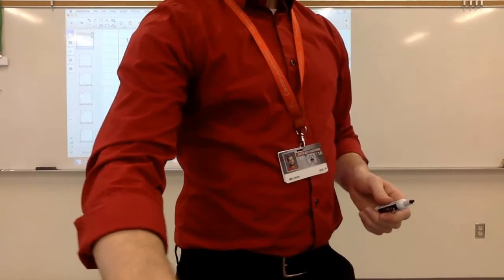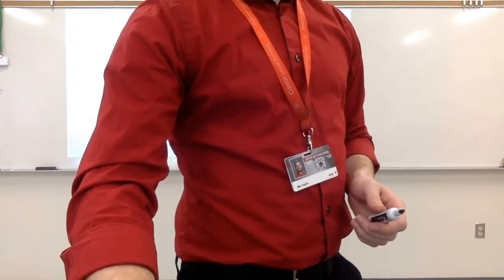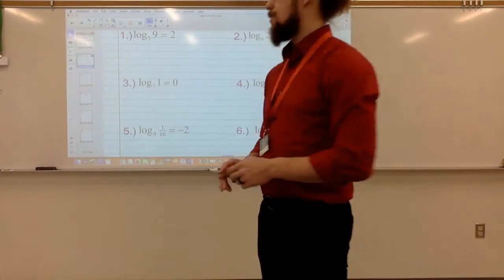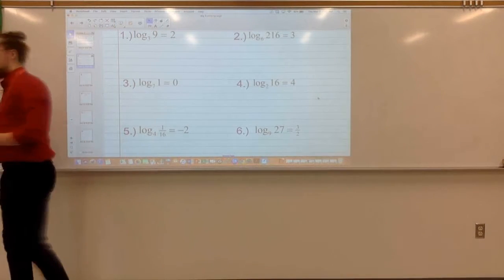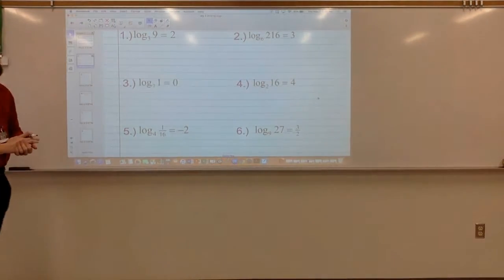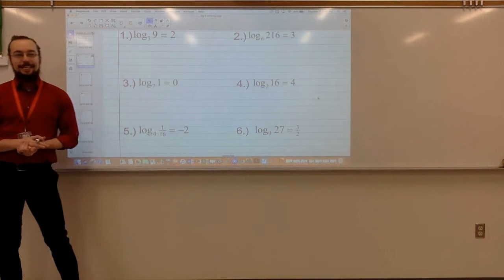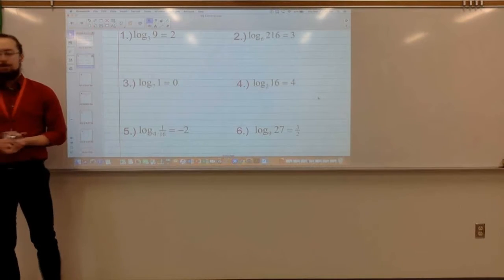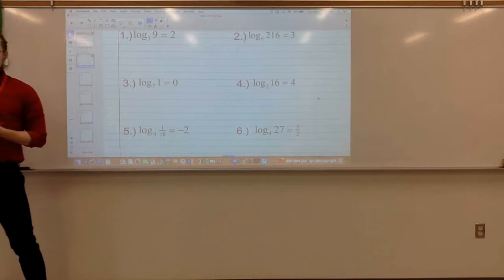If I want to convert a logarithm into exponential form, there are a couple of tricks to remember how to do this. One that has become popular is the lazy 7 idea. My goal is to take this log and turn it into an exponential.